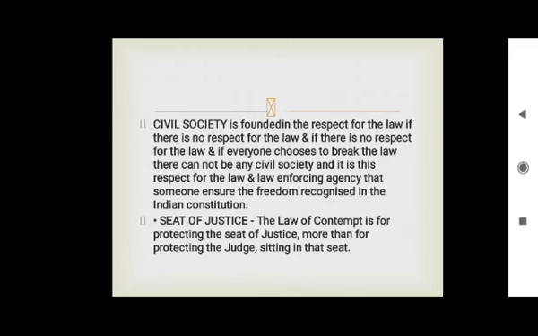If you say that this particular judge is corrupt and you want to file an FIR against this judge, then that will not be contempt of court. It will be contempt of court when you say that this particular judge has taken money to give judgment in this particular case. Then that will be interfering with the administration of justice, and therefore that will be contempt of court. Understand the minute difference, the grey line between these two examples.